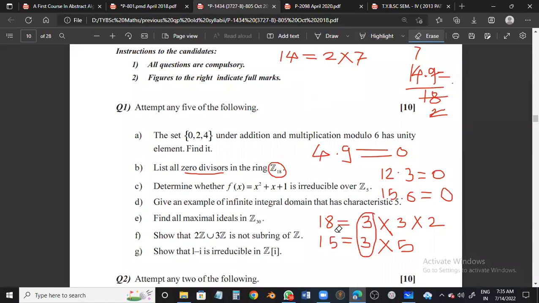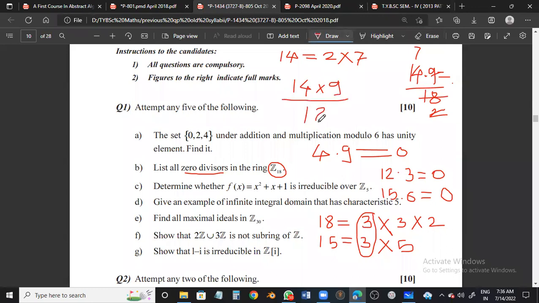It's sure that 14 has a 2, and 18 also has a 2. What is 14 lacking? 3 into 3 is not there. So if I multiply by 3 into 3, my purpose is solved. So 14 multiplied by 9. Is it divisible by 18?